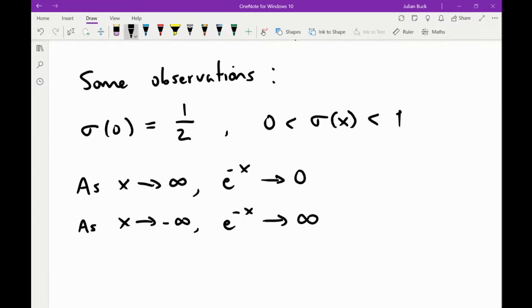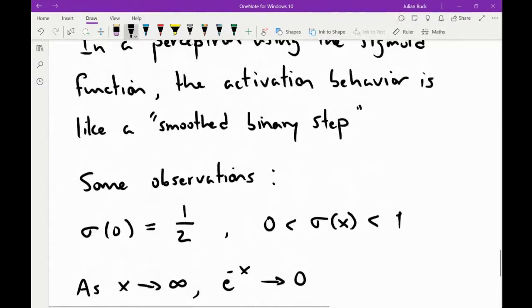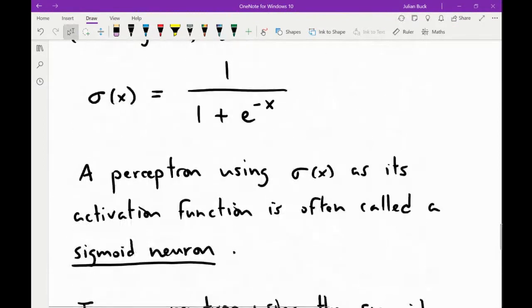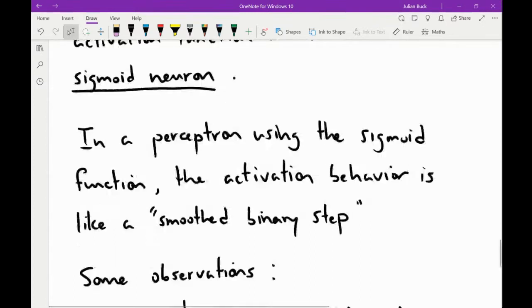Okay. So the consequence then is that as we approach positive infinity, go off to the right, we get 1 over 1 plus 0, 1. As we approach negative infinity, go off to the left, we get 1 over 1 plus some extremely large quantity, right? Some quantity growing to positive infinity. So we have a fraction which is 1 over a larger and larger number, and so that approaches 0.